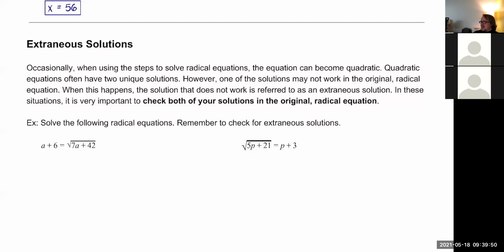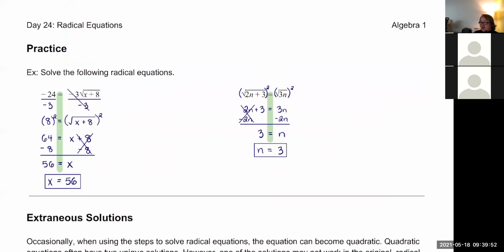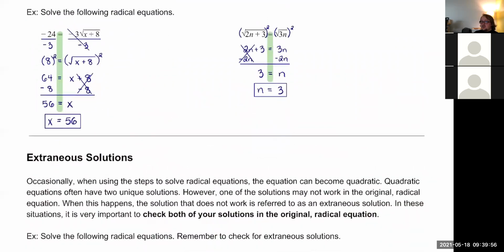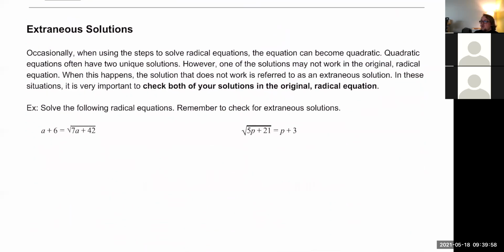The problem is, so far the one solution from the linear equations usually worked. When it turns quadratic, unfortunately, there's no guarantee that both solutions will result in a true statement.